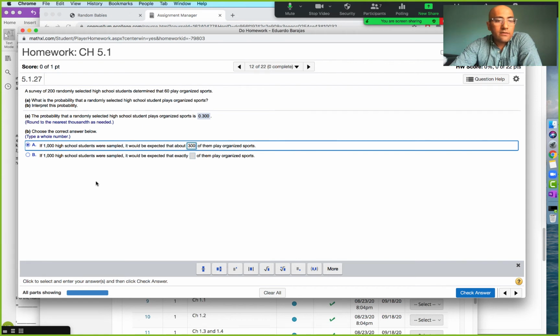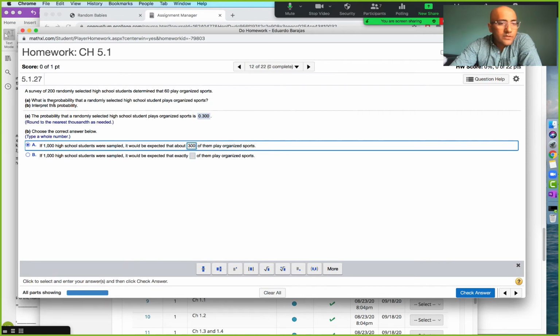If there's 1,000 students in this school, I'm guessing about 300 of them play organized sports. I keep saying guess because this is empirical probability, so we're not totally confident, but as the sample size grows larger and larger, so does our confidence in this probability.